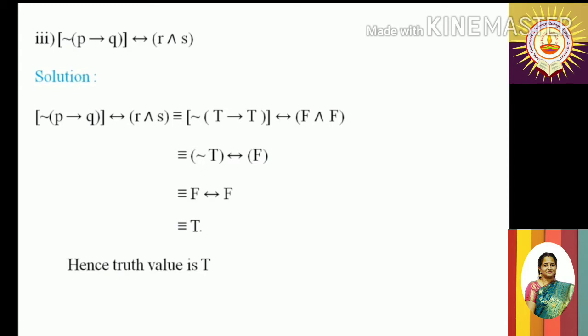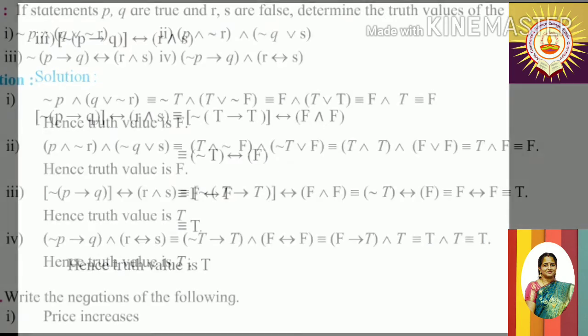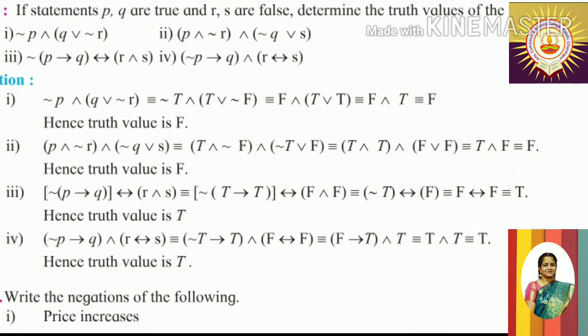The next example is negation P conditional Q and R biconditional S. Write down the truth values of P, Q as T, R, S as F. So we get the first line.